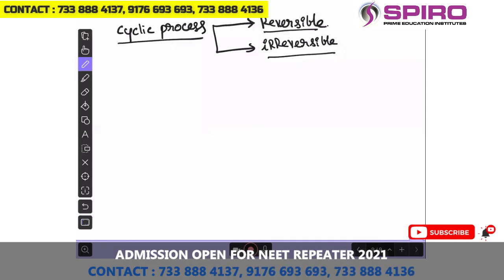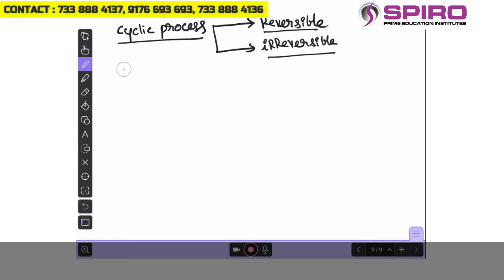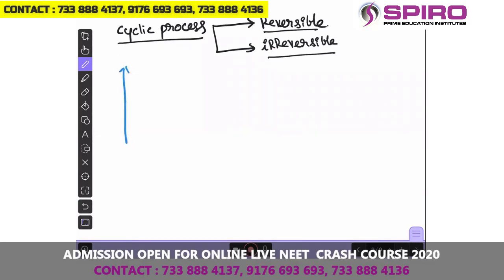To understand that, let me take the indicator diagram of pressure versus volume. Let me take the pressure along the y-axis and volume along the x-axis.